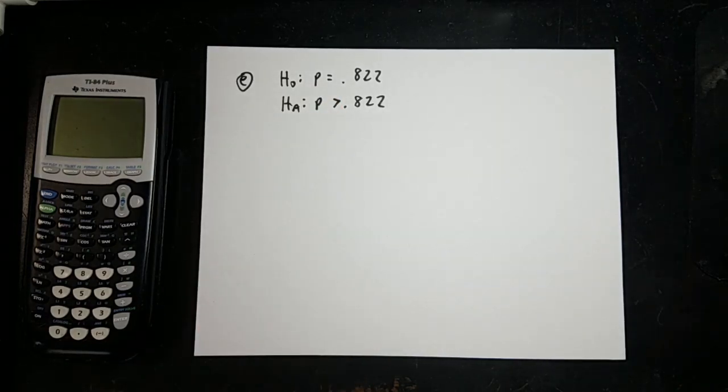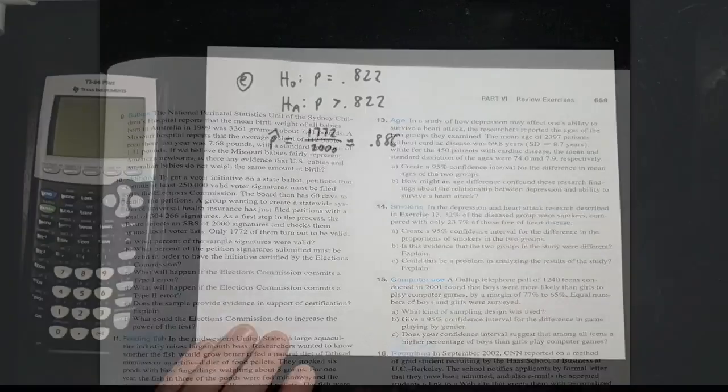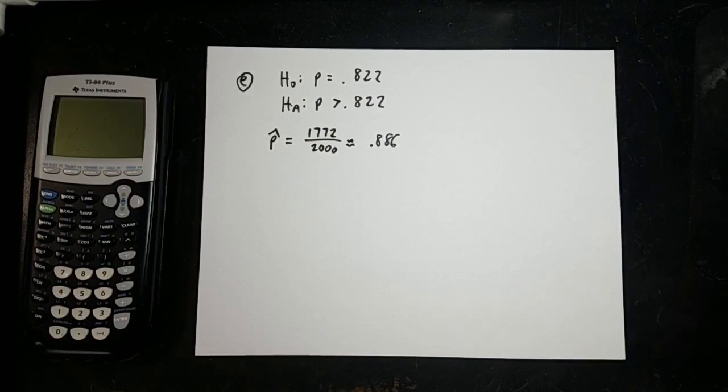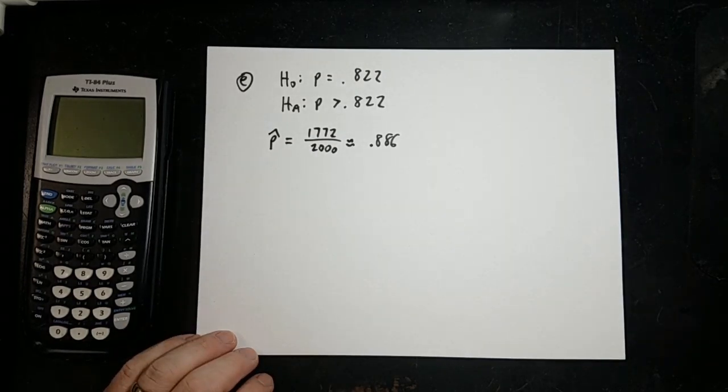So the question in part E: is the sample, 1772 out of 2000, which is approximately 0.886, enough evidence to reject the null and say, yes, they did meet it? Let's just see what happens.